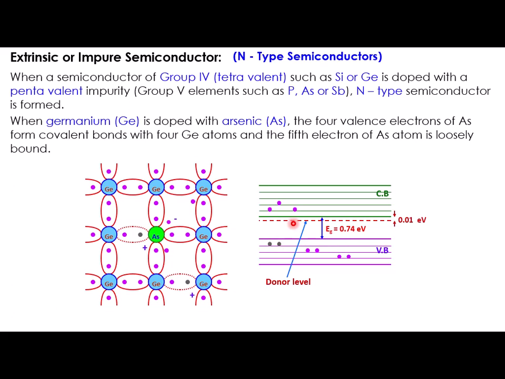But for the electron which is coming from this donor level to the conduction band, there will be no corresponding hole in the valence band. Please note that those electrons which are intrinsically generated by giving thermal energy, for them there will be corresponding holes in the valence band. For those electrons which are donated by the impurity atom, there will be no corresponding holes in the valence band.